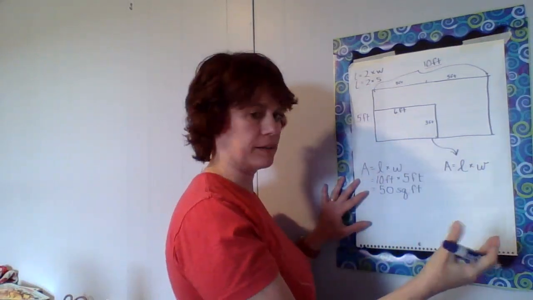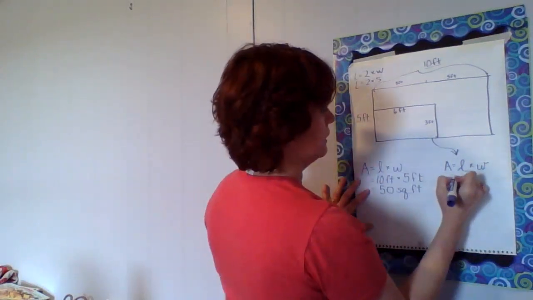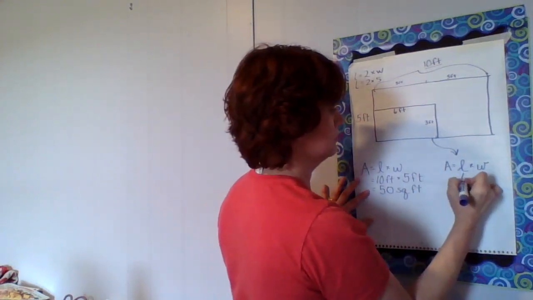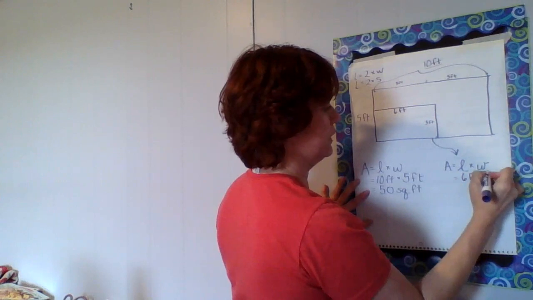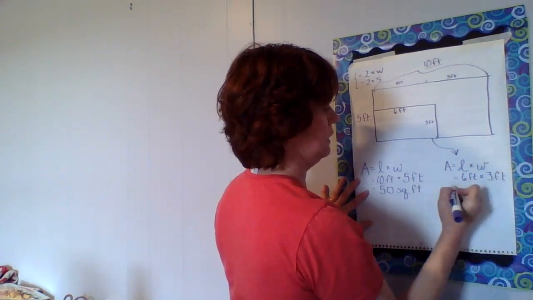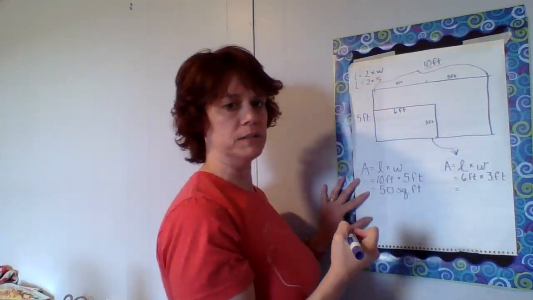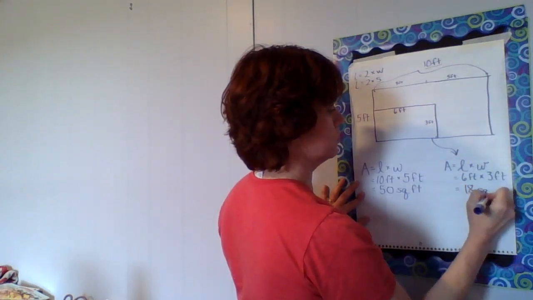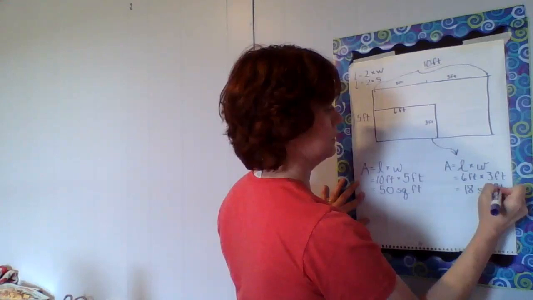Length times width. And the length is 6 feet. And the width is 3 feet. And using your math brains, we know that that is 18, again, square feet.